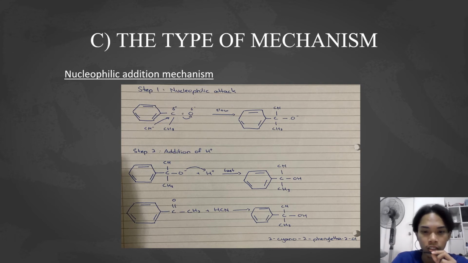The reaction is slow, where the cyanide ion attaches to carbon and oxygen gains a negative sign. Second, hydrogen positive will attack the oxygen since oxygen has a negative charge. The reaction is fast and it will produce 2-cyano-2-phenylethanol as the final product.